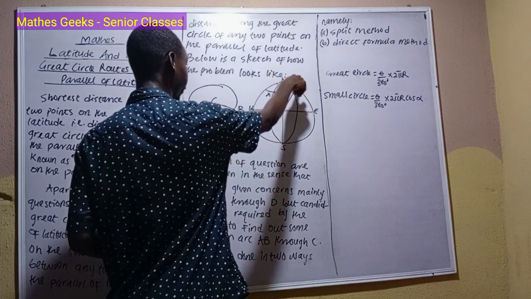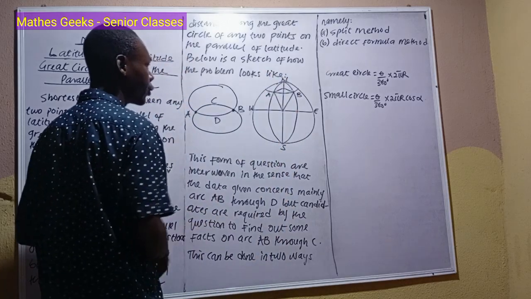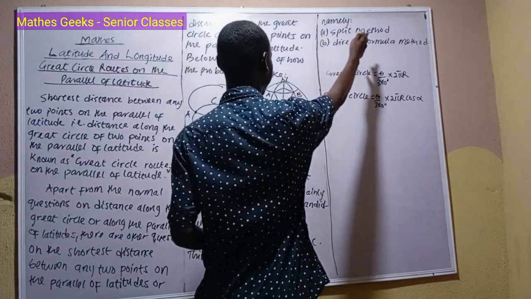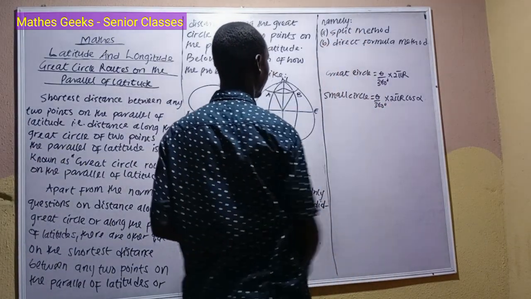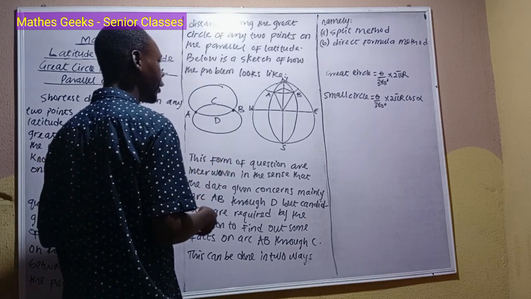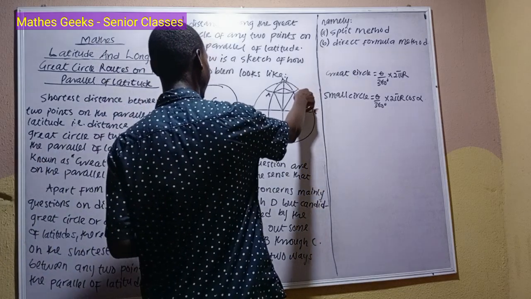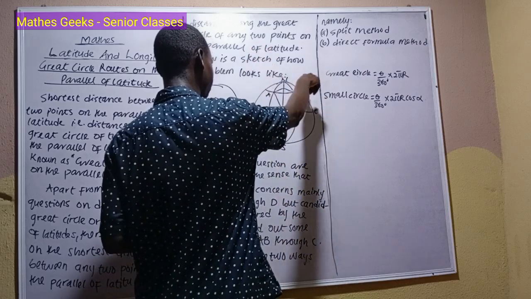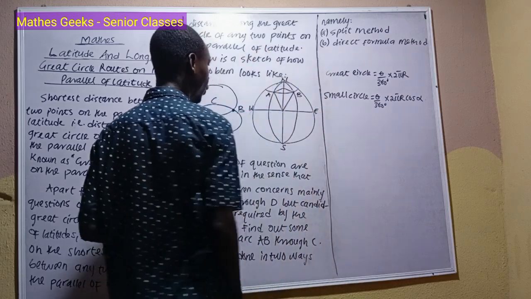The 2 methods that are going to be treated in this lesson are A, split method, and B, direct formula method. So these are the 2 methods that we're going to use to find the great circle between 2 points that are on the same parallel of latitude.